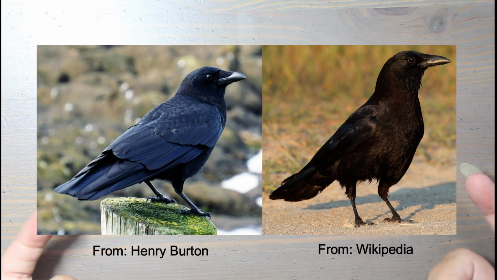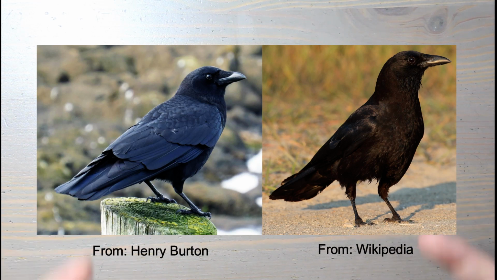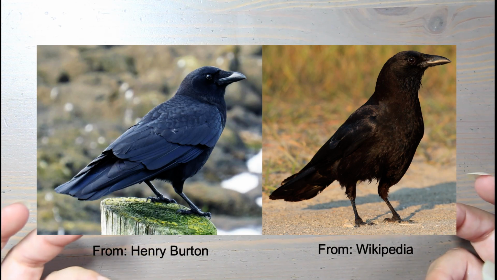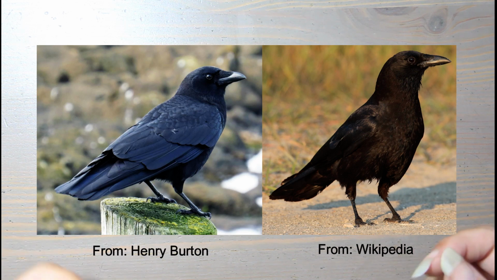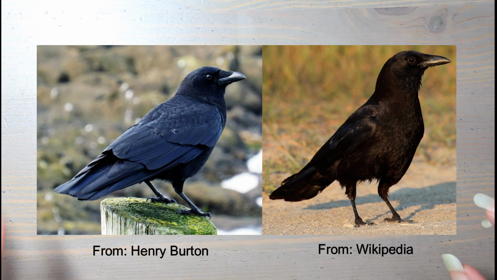Now, both these birds are black birds. But both these birds look totally different depending on the lighting you have and the reference you're using and the way you choose to draw and create them, your artistic license. And this is why black birds are so much fun. They're so much fun because you can add things like that.